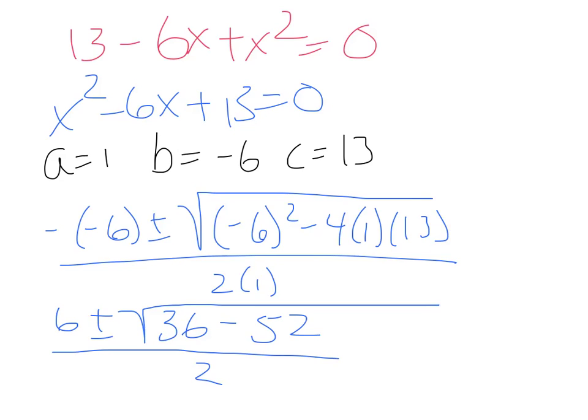Every one of you in this room should be able to notice this. 36 minus 52, is that going to be positive or negative? Negative. You can stop right there and you say no solution, because that's going to be a negative number. You don't need to do anything else. So you would just put off to the side, no solution. Okay? So you'll be done. You guys okay? Yeah.